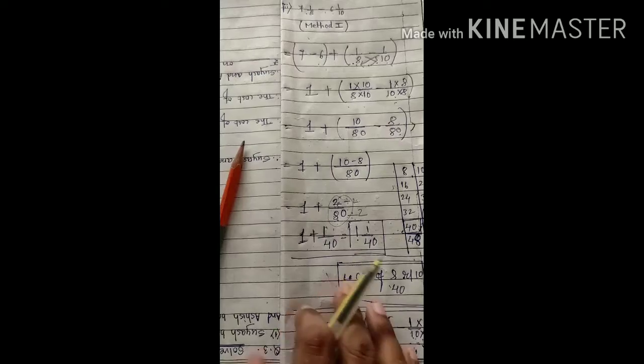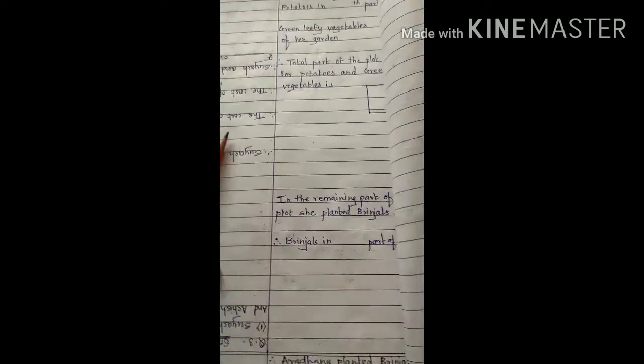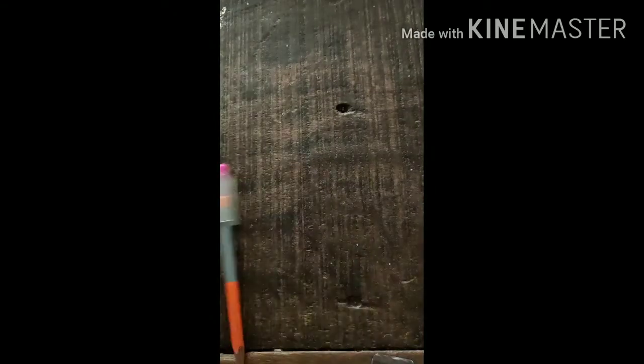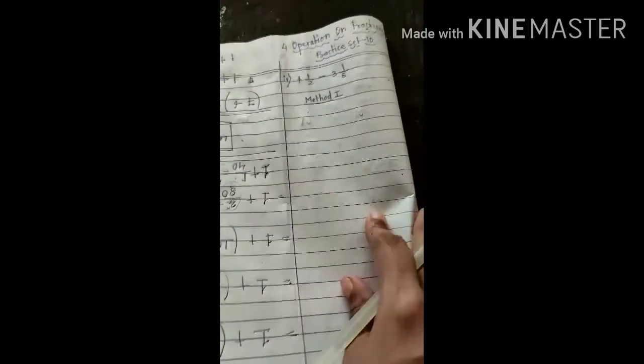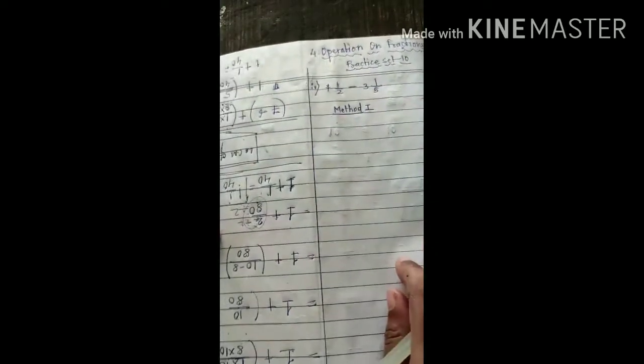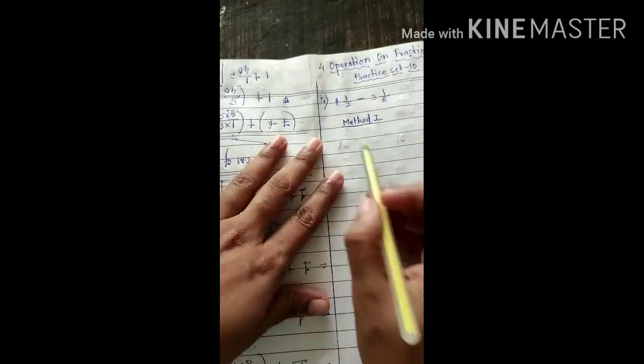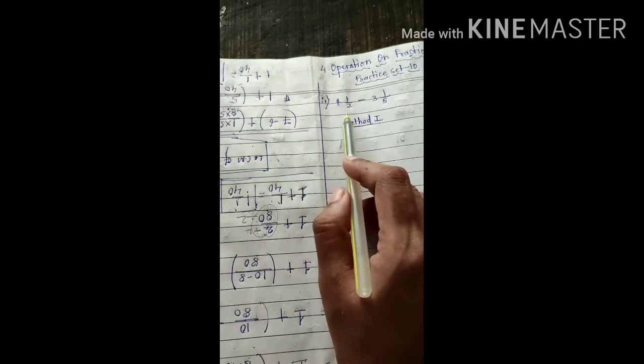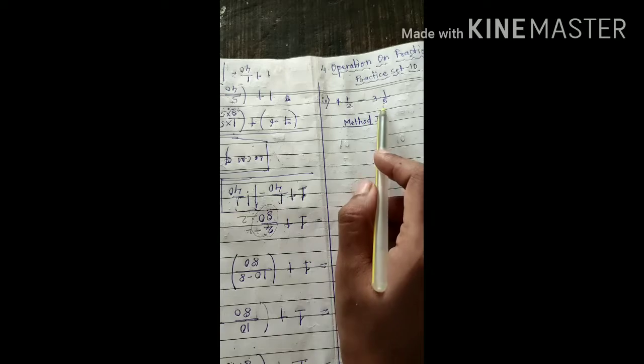Okay, now we will solve one more question, that is the last one. 7 1 upon 2 minus 3 1 upon 5.